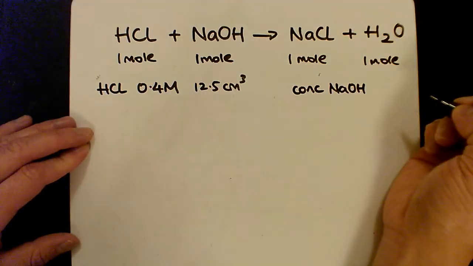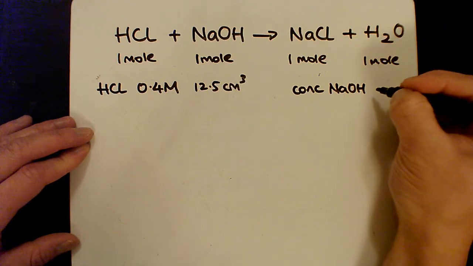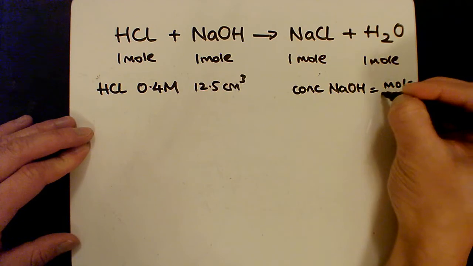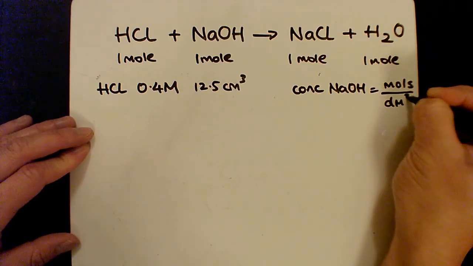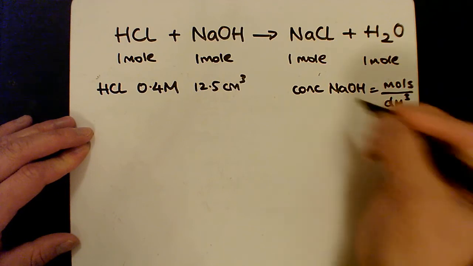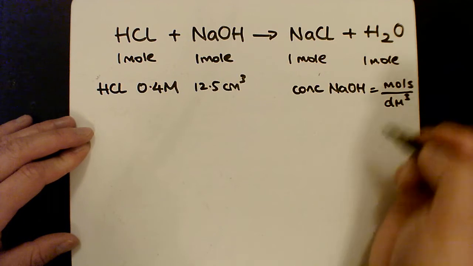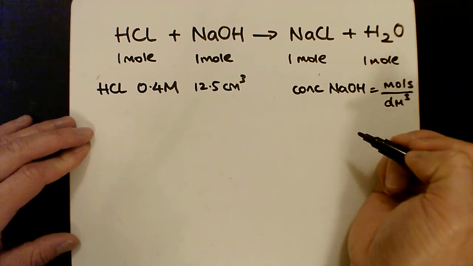If you remember earlier, that concentration is equal to the number of moles over volume, which is in decimeter cubed. Now I don't know what the concentration is, and I don't know the number of moles, but I do know what volume of sodium hydroxide I used at the beginning.